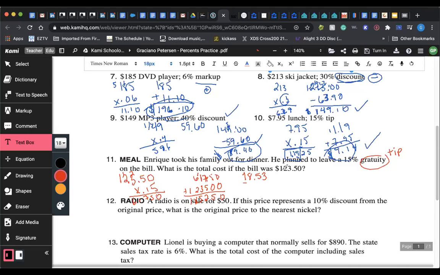Ah, 1853, because we've got to round up that 2 to a 5. It's actually 1853. So when we add that to this, it's going to give us 142.03, not 02. They're going to ask us for that extra penny.